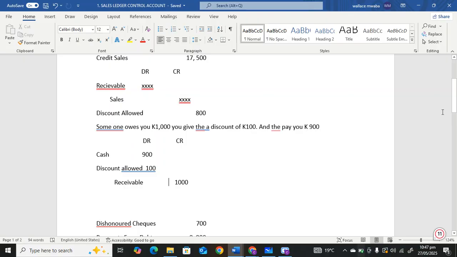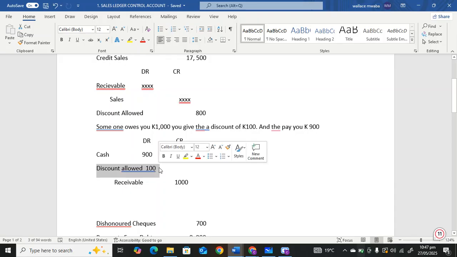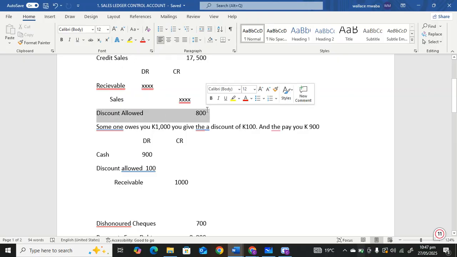Any questions? Yes, in the control account, you put cash 900, discount allowed 100, credit side. Now, in this question, they've just given us discount allowed 800.